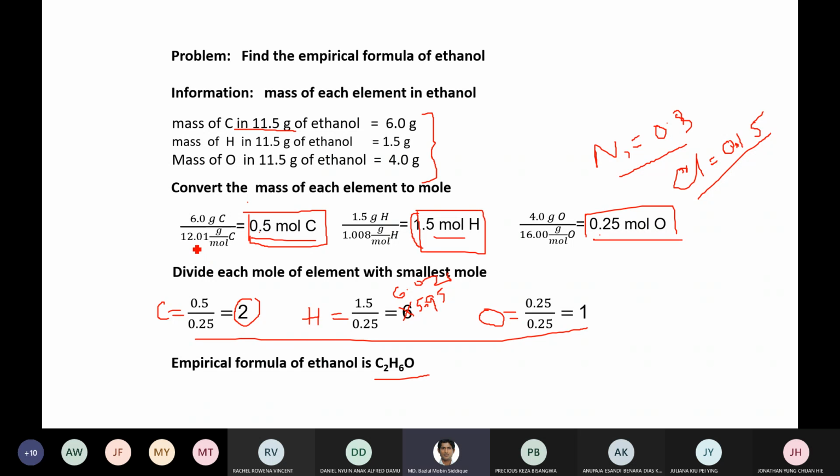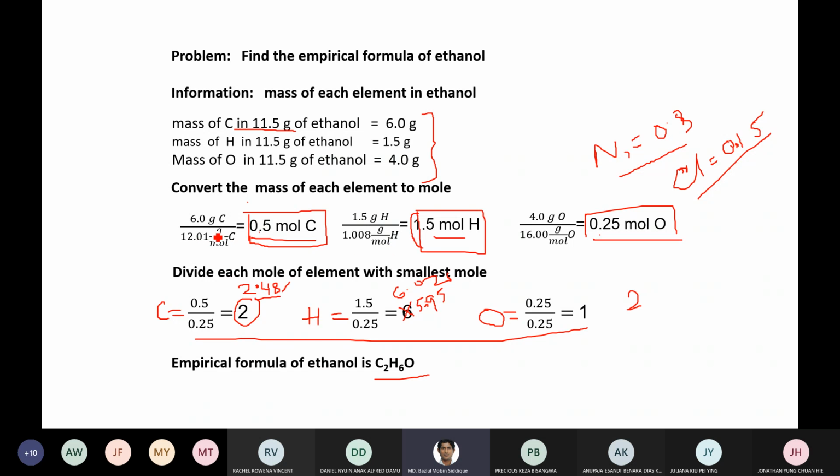But if we had, let's say, 2.48, even after dividing it by the smallest number, we would get 2.48. So what should we do?